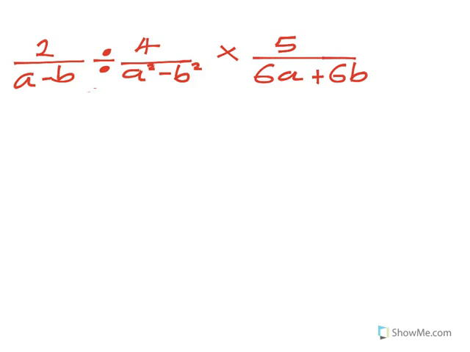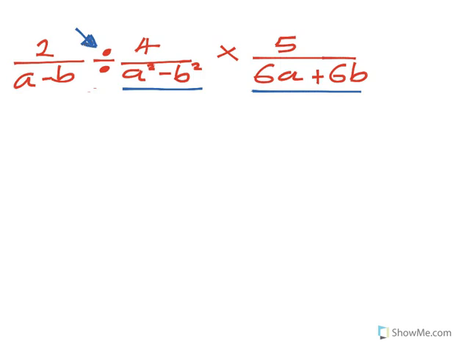Now the first thing that the examiner wants you to pick up is that the denominator here is a difference of two squares. Now remember, a squared minus b squared is a difference of two squares. And also what the examiner wants you to pick up is that 6 is common in 6a plus 6b, as well as that particular division sign.